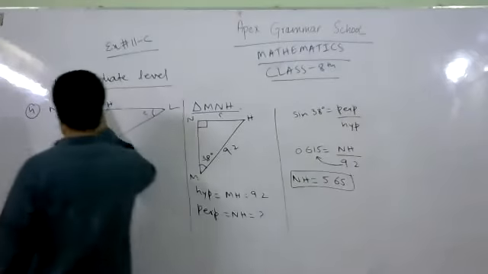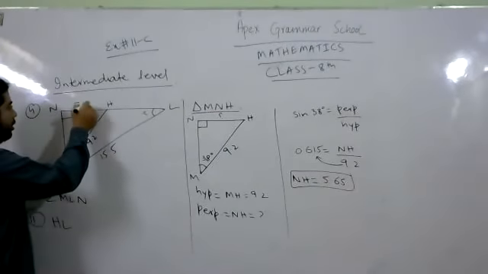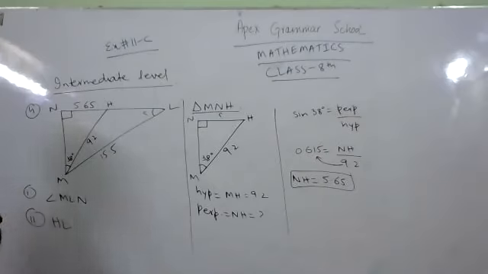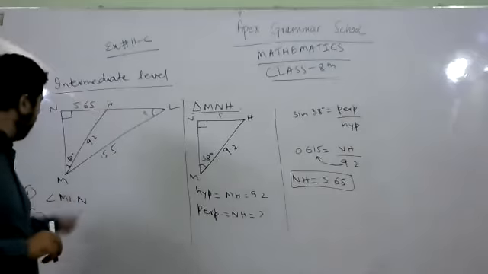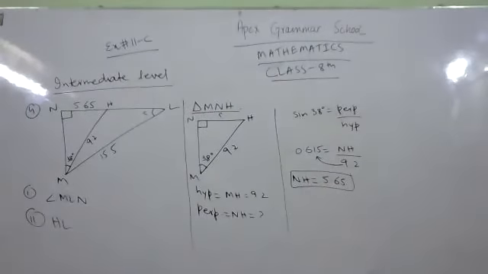This side NH is now 5.65. Although it is not our requirement, without this we can't do this HL side. Now we can solve for the HL side. Okay.